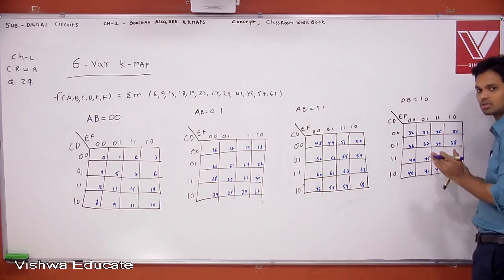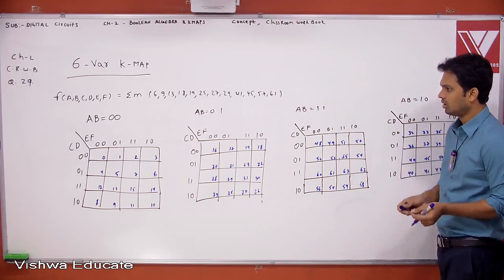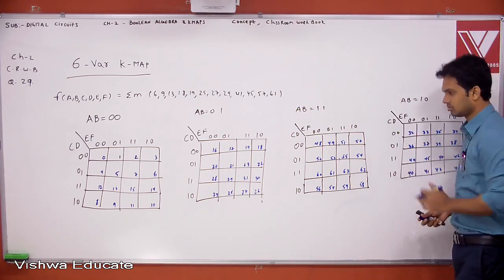This is your structure of the 6 variable K-map. All ones is your 63. Okay. Now we will do it. First copy up to this.